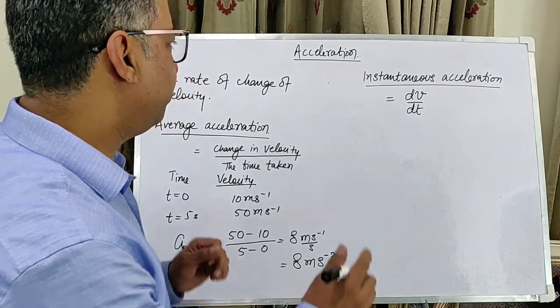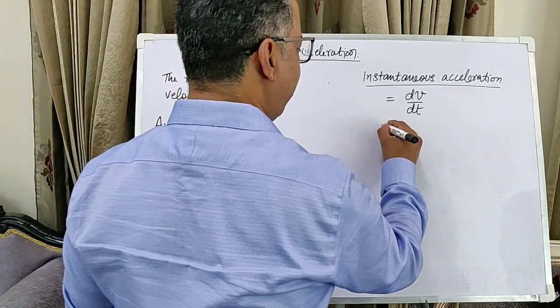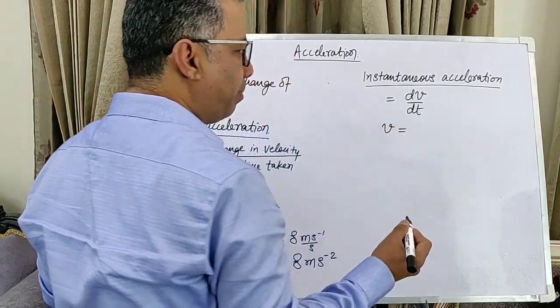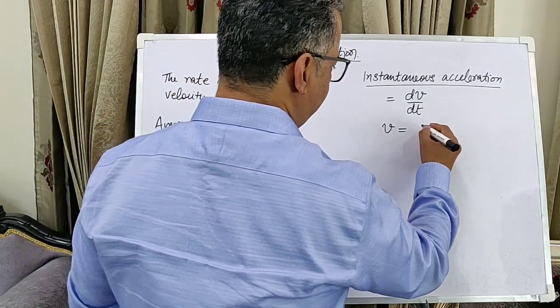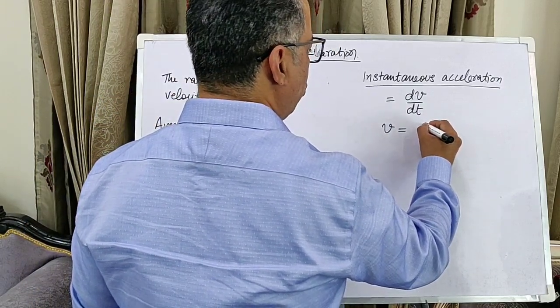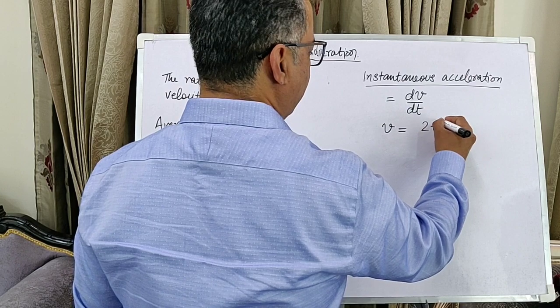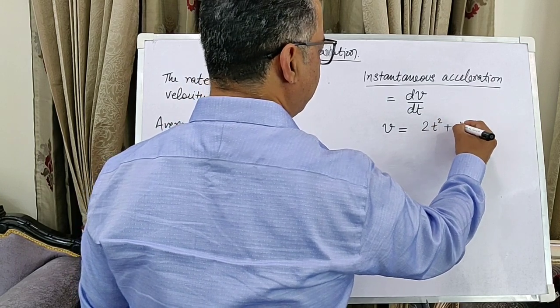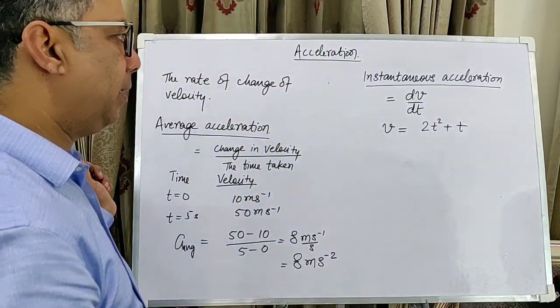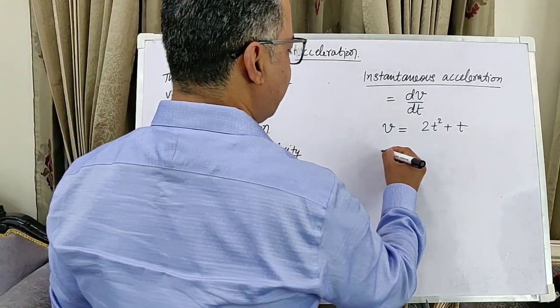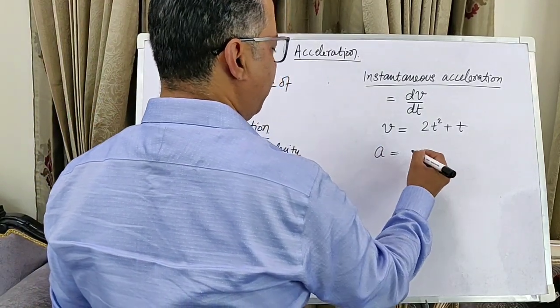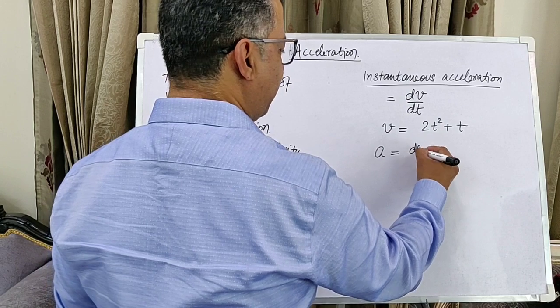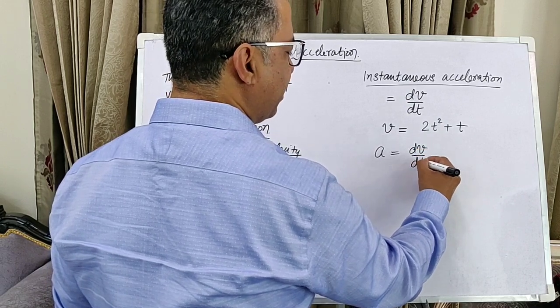Now, for instance, if the relation between velocity and time for a particular motion is 2t square plus t, then the acceleration at any given instant can be calculated as dv by dt at that given instant.